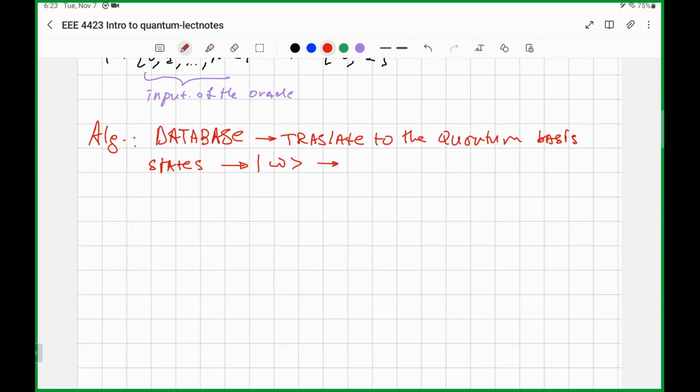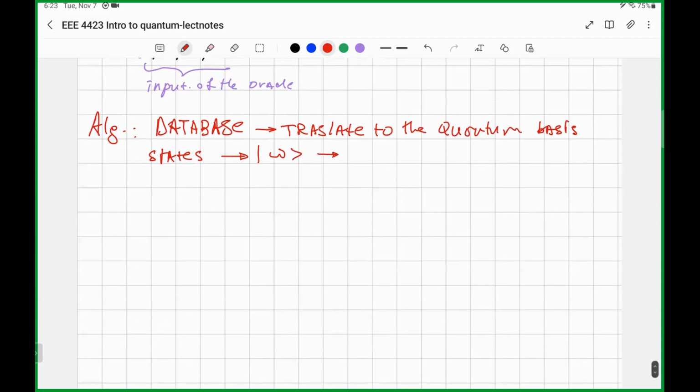In order to search for this state, we need to generate or prepare the quantum oracle, which is basically the form of this operator U omega orthogonal.